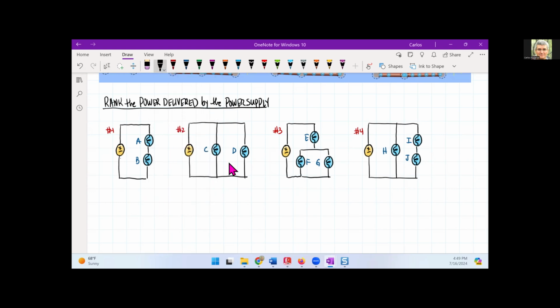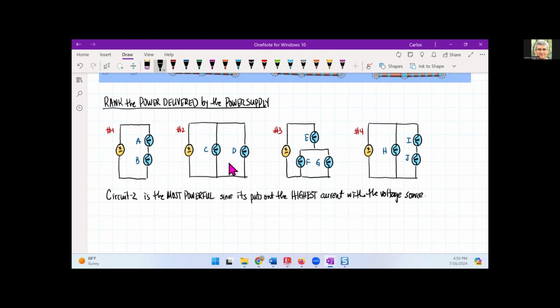I'm saying here that circuit 2 is the most powerful, since it puts out the highest current with the voltage source. So circuit 2 is definitely the one.